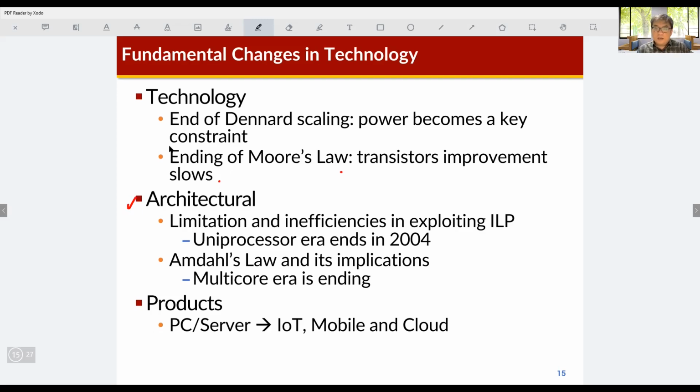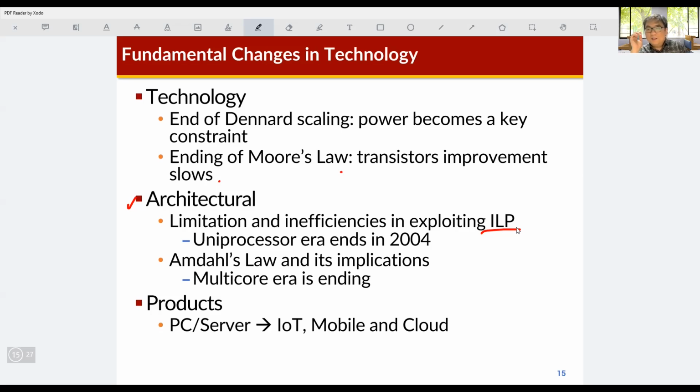So that means transistor improvement slows down, and on the architectural side there are limitations and inefficiencies in exploiting ILP. What does that mean? The performance of a single processor is saturated. The performance of a single processor was increased by exploiting instruction level parallelism. In the processor, many instructions can be executed concurrently by a single core CPU.